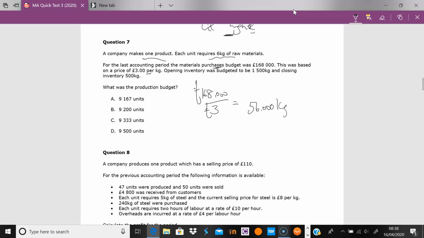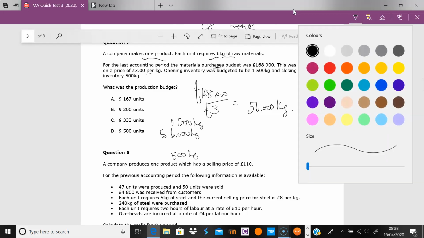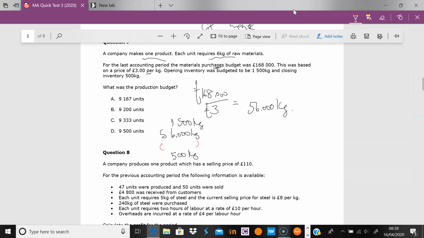So you bought in 56,000 kilograms. Let's see what happened. You had 1,500 kilograms initially. You buy in 56,000 kilograms, and then you have 500 kilograms left. So you must have used a certain amount.